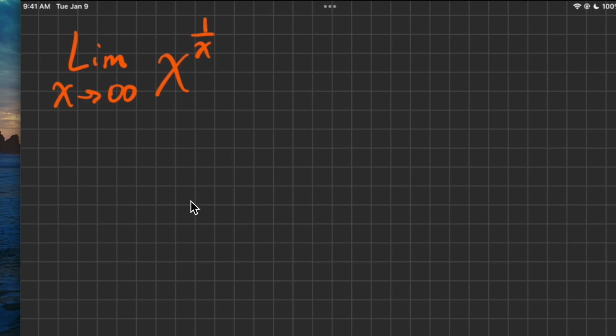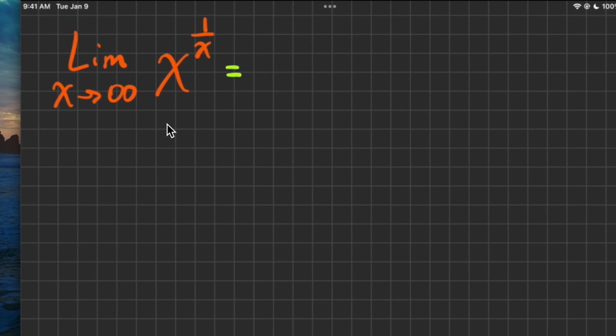In our next limit, we have the limit as x goes to infinity of this exponential function. Folks, whenever you see this, an x in the exponent and x is your base, we're going to have to use a logarithmic approach to help us get this into L'Hopital-amenable format.